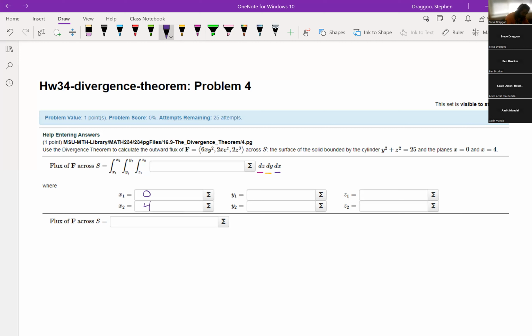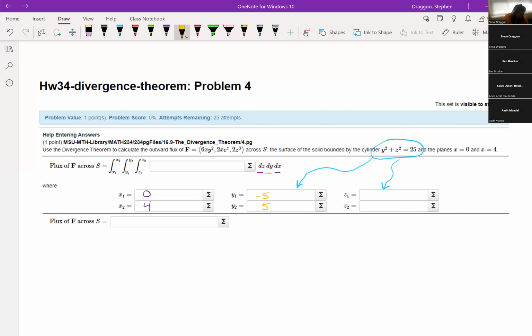So we're going to need to use the equation of that cylinder to get our bounds for both y and z. y gets to go second, so it's easy. It's just -5 to 5 because the radius of those circles is going to be 5. Z's got to go first, so I've got to solve that equation for z.